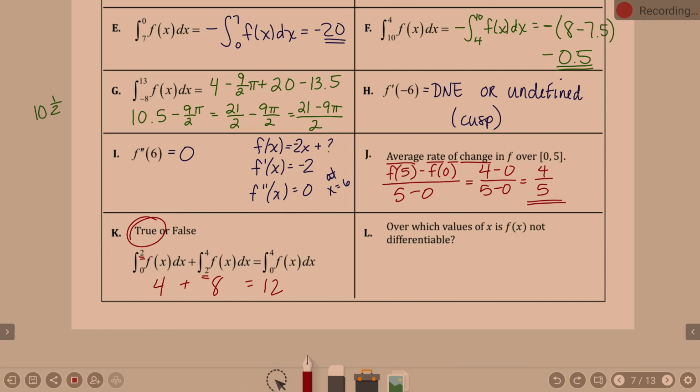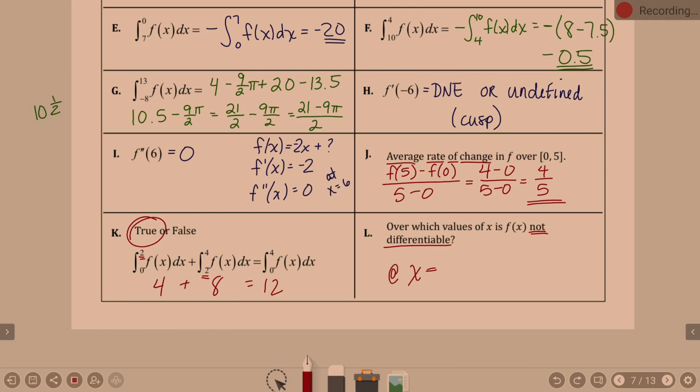Over which values of x is f of x not differentiable? Negative 6. If it's not differentiable, what does that mean?